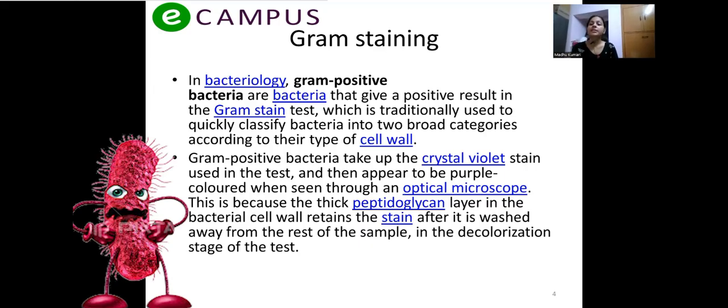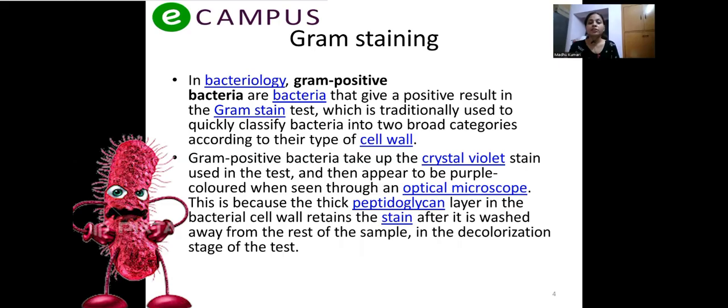Gram-positive bacteria retain the gram stain and appear purple, whereas when washed, the gram-negative bacteria lose the stain, so they appear pink in color. By this technique, we differentiate gram-positive and gram-negative bacteria.